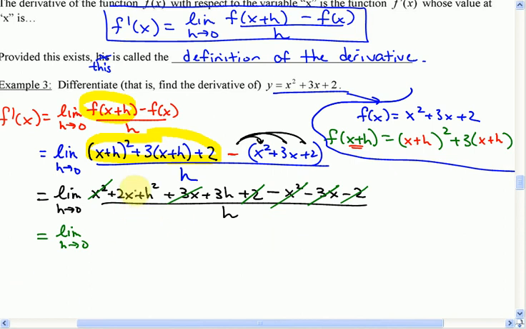Now what we have here is 2xh plus h squared plus 3h all over h. And like I said, you know you did things correctly if there's an h in every single term in the numerator, because ultimately you're going to have to factor. And once you factor, hopefully you can get rid of that h in the denominator.